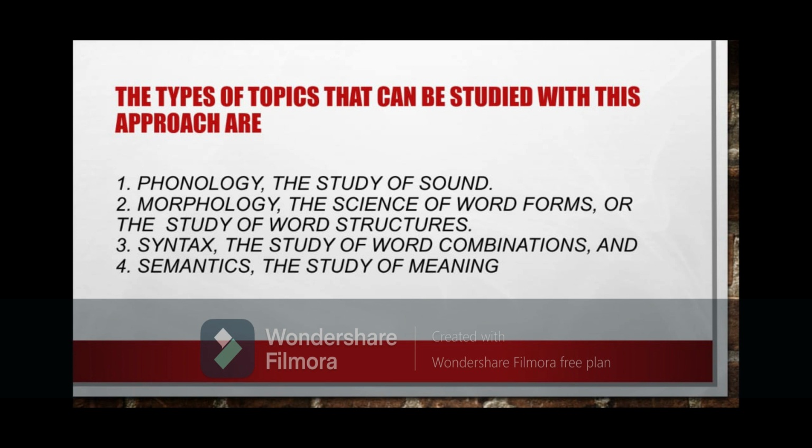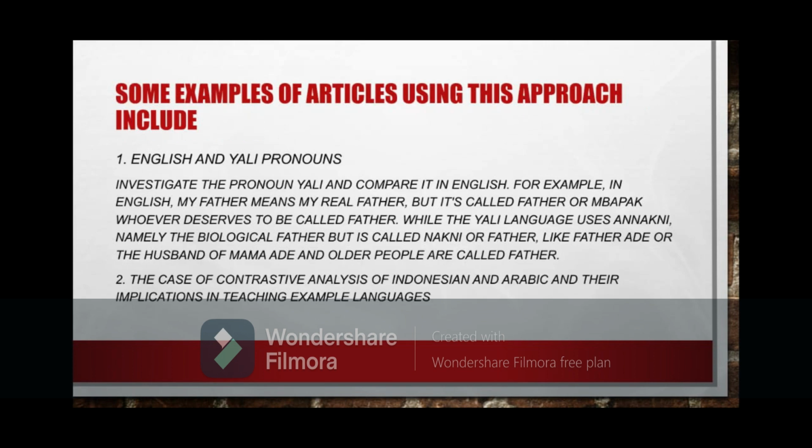For example, in English, my father means my real father, but in Indonesian anyone who deserves to be called father is called bapak, while the Yali language uses anakni, namely the biological father, but is also called anakni for father figures, like the father's brother, or the husband of mama, and older people are called father.